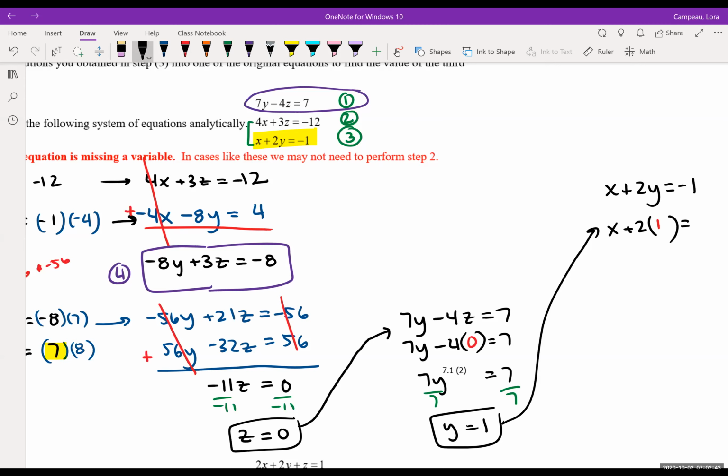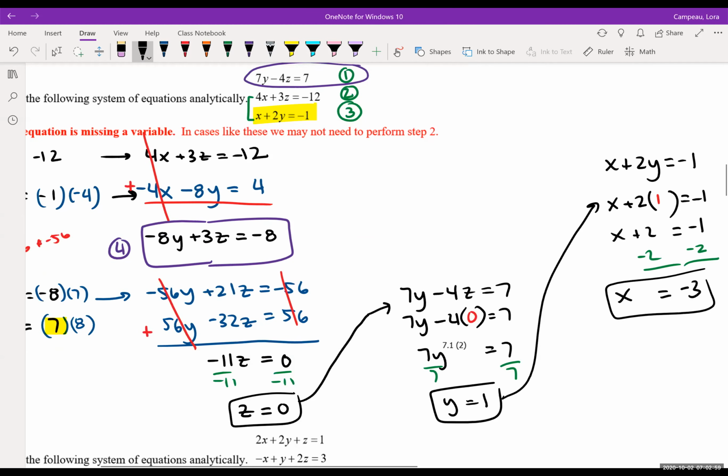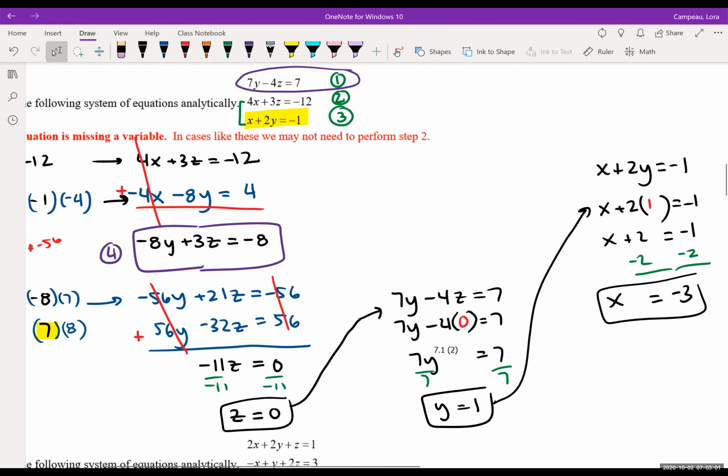So we end up solving x plus 2 equals negative 1. If we subtract 2 from both sides, we're going to get x equals negative 3. So now we have the common point that all equations are sharing.